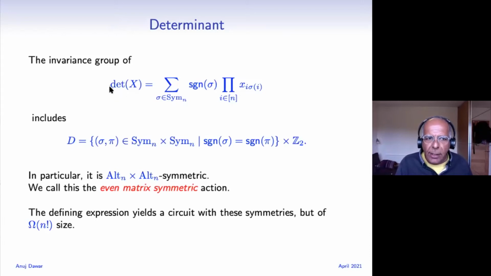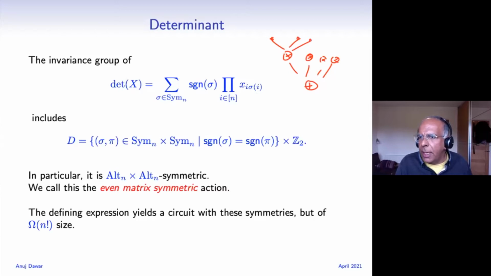And if you look at this definition of the determinant, you can write this out as a circuit. It's a circuit of simply depth 2 because it's a big sum of products, and each of these products is of some n input variables, right?